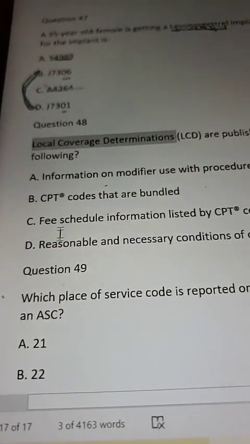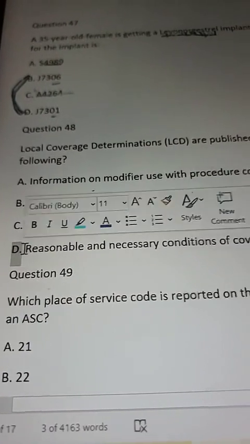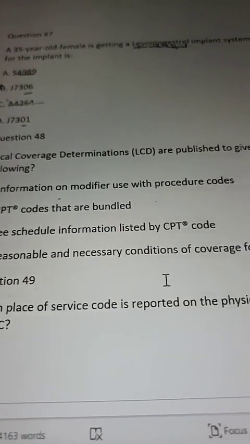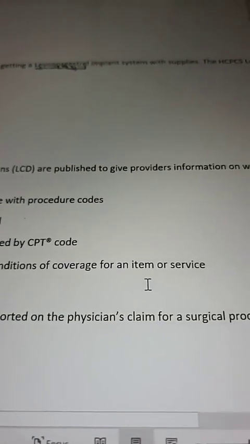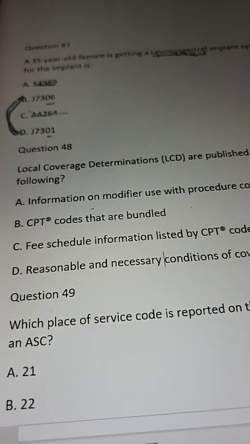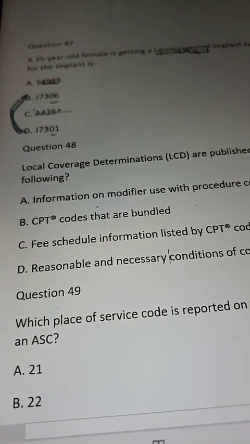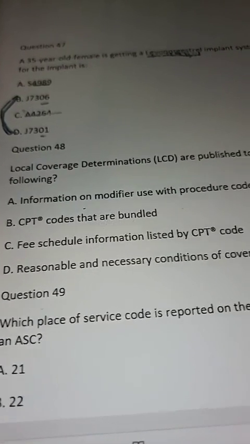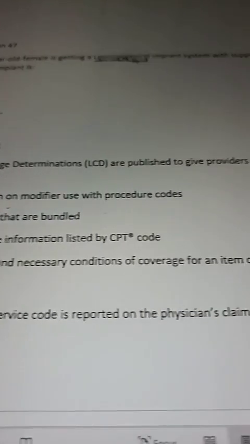This one, the answer happens to be D, the reasonable necessity of conditional coverages for items and services. I'm trying to see if there's anything here.